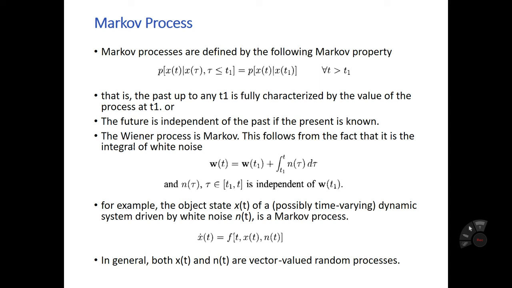For example, the Wiener process is a Markov process. This W is a Wiener process. This follows from the fact that it is the integral of the white noise.